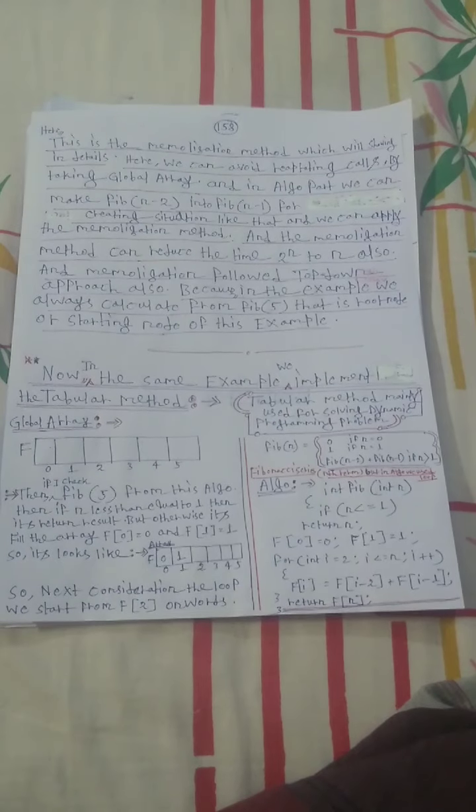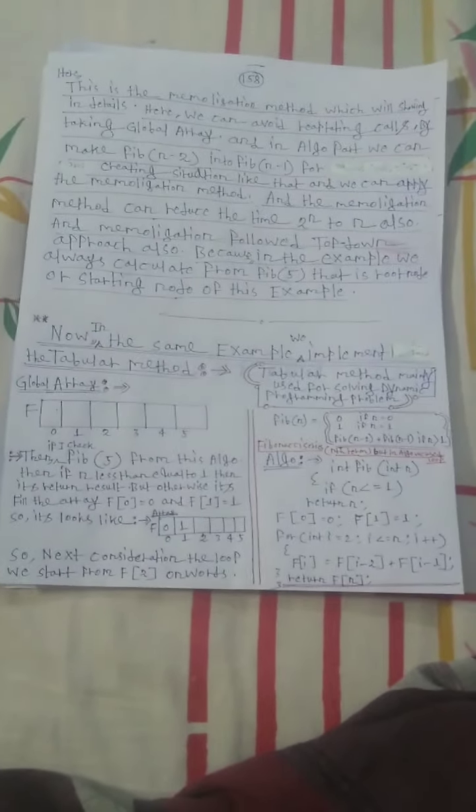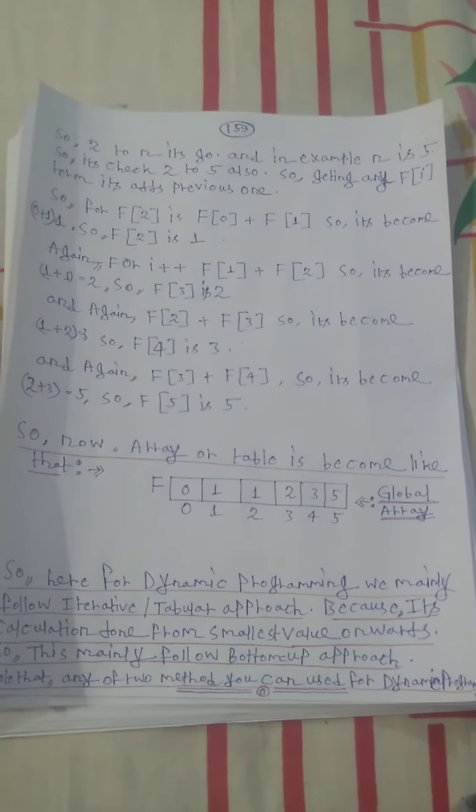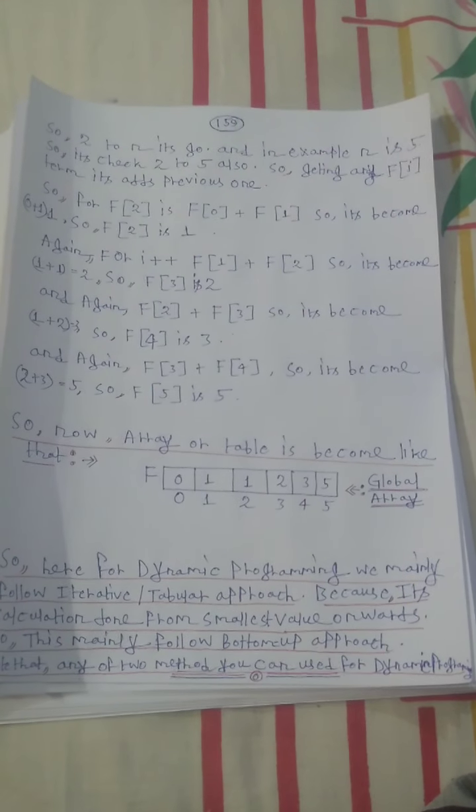Next, the loop starts from f2 onwards, from 2 to n, and in the example n is 5, so it goes from 2 to 5. To get any term, it adds the previous two. This is the rule of the Fibonacci series.